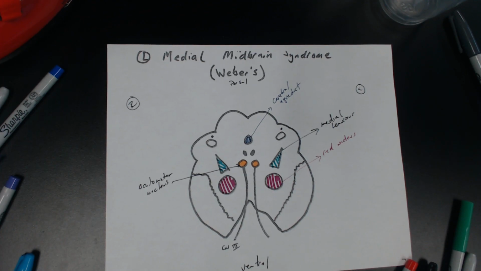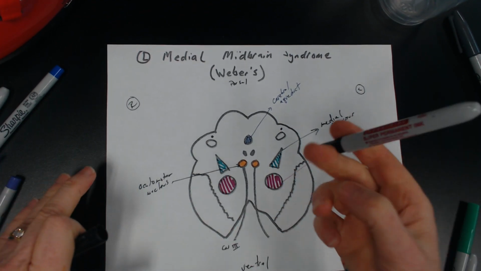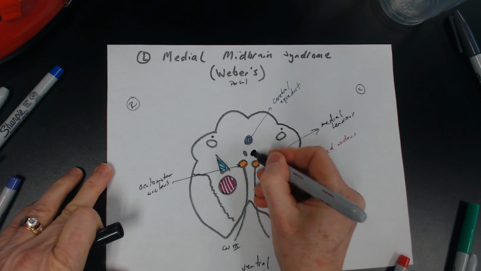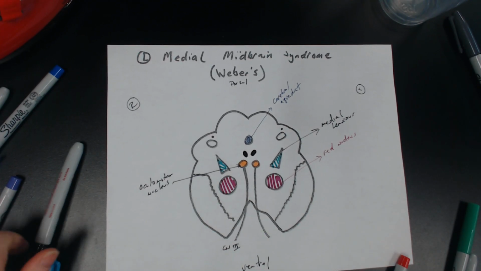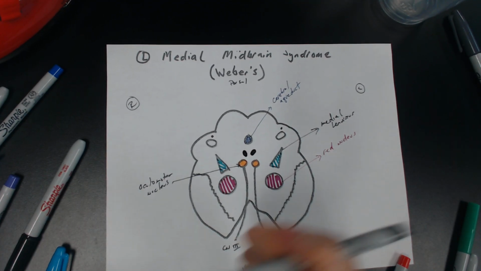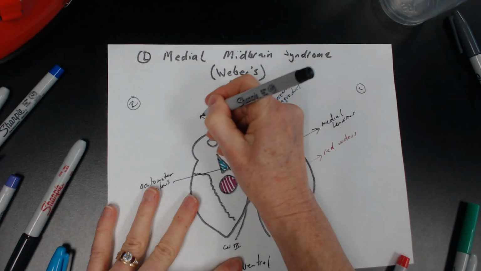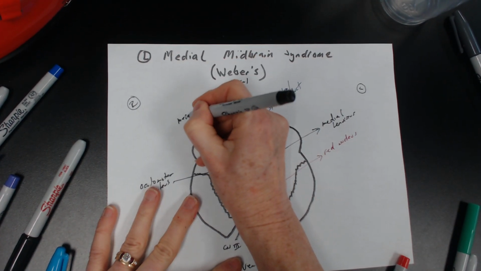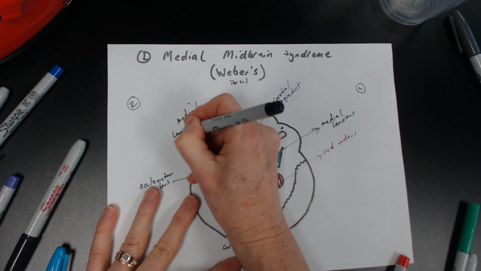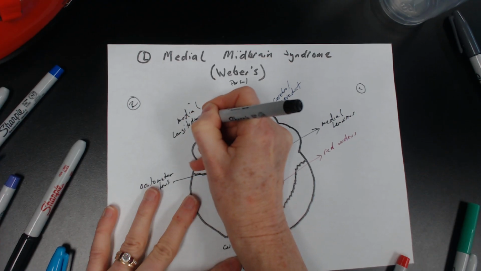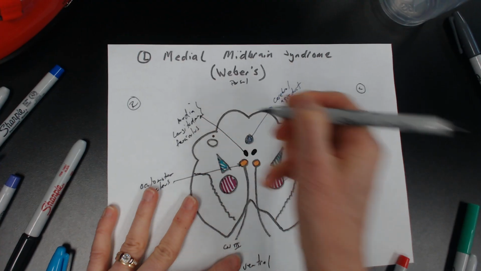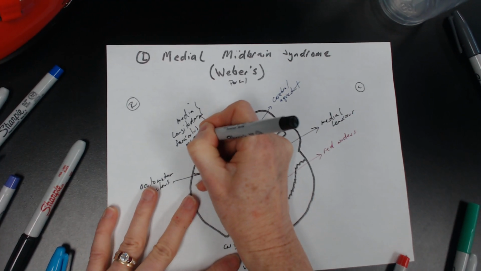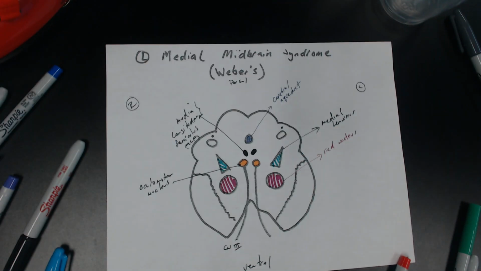Okay, still very medial is this medial longitudinal fasciculus, conjugate vision, conjugate gaze. Okay, that's your MLF.